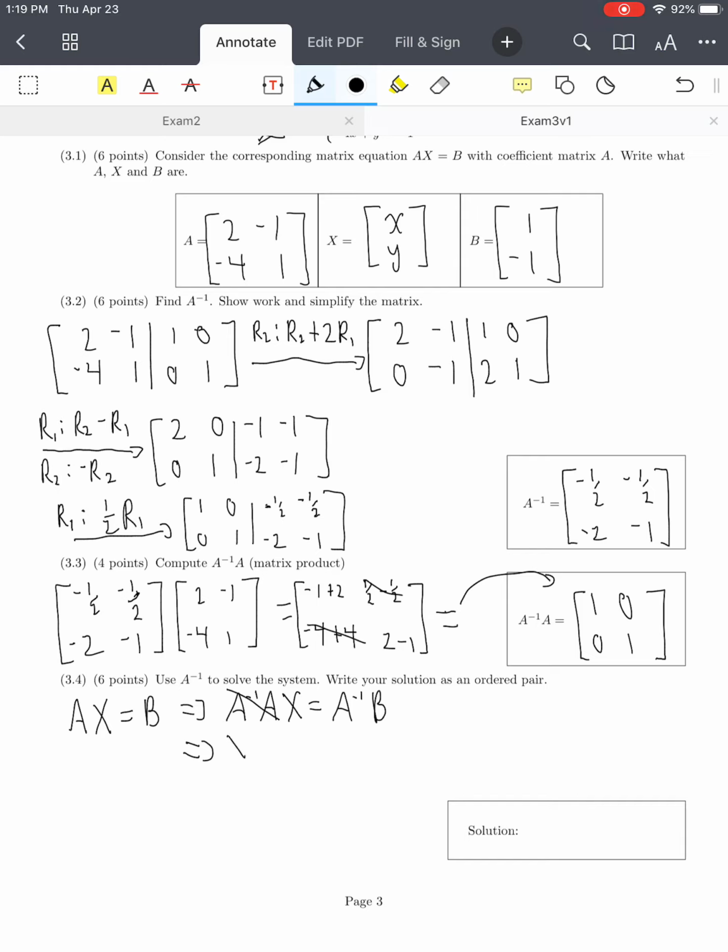So we get X equals A inverse B. That means to solve this, we just need to multiply A inverse and B together.